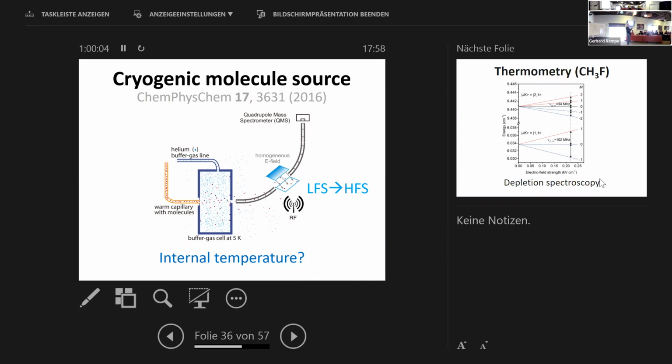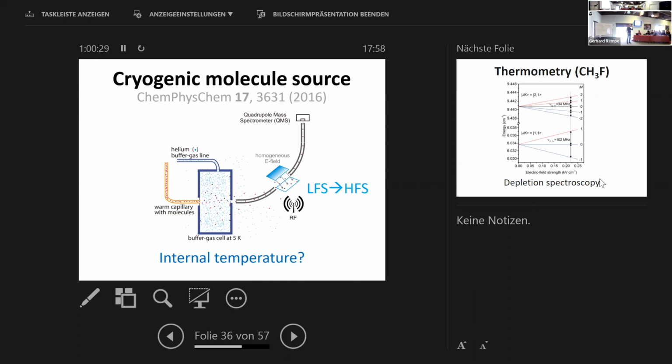Also, there's an unguided region of 1 or 2 centimeters in length. So why do we have this? Well, we apply electric fields with a plate capacitor here, and drive low field seeking molecules into high field seeking states to probe the internal state distribution. The internal state distribution then shows up as a depletion signal in the mass spectrometer.